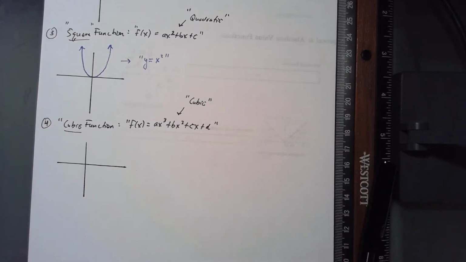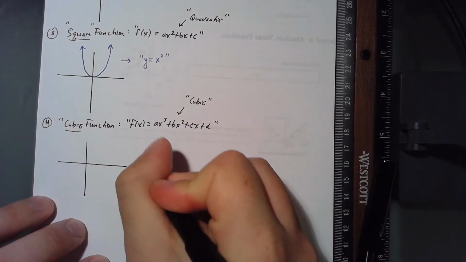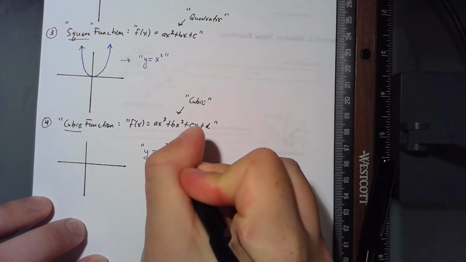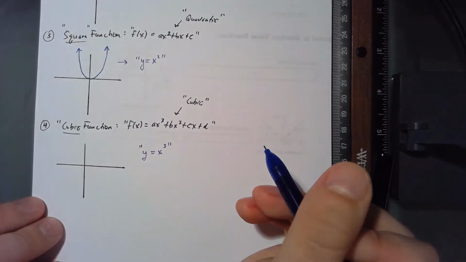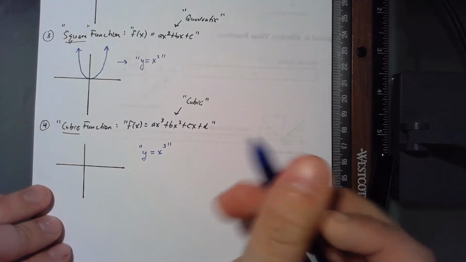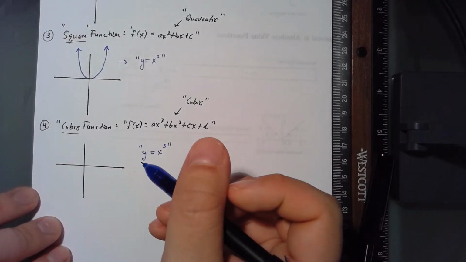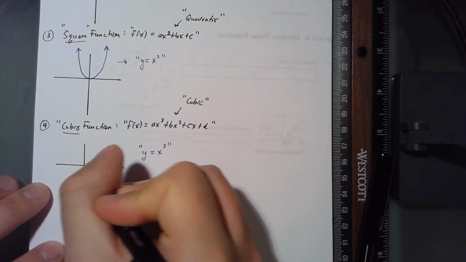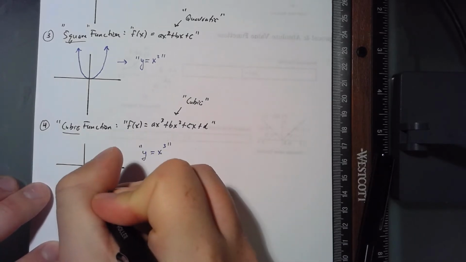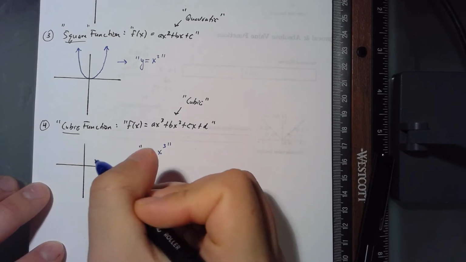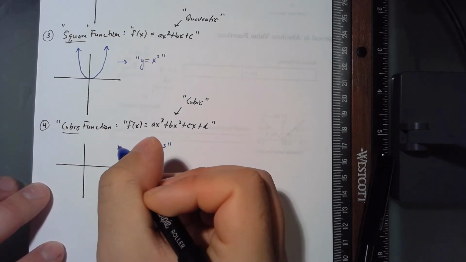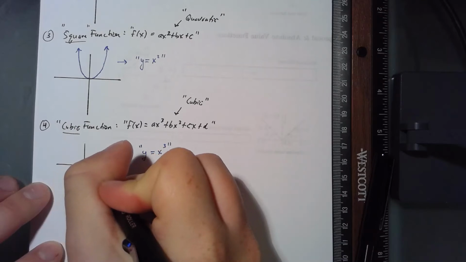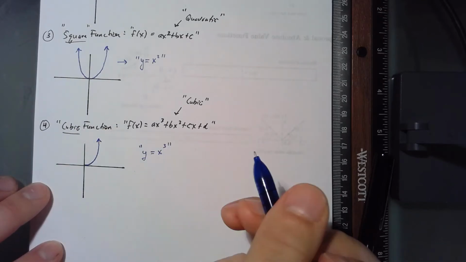So the most basic form of a cubic function is y equals x cubed. You may or may not recall this, but you should be able to remember this pretty easily in this course and going forward. It starts off pretty small, but it gets big really quickly because this is a power function, but it does this initially on the right side.